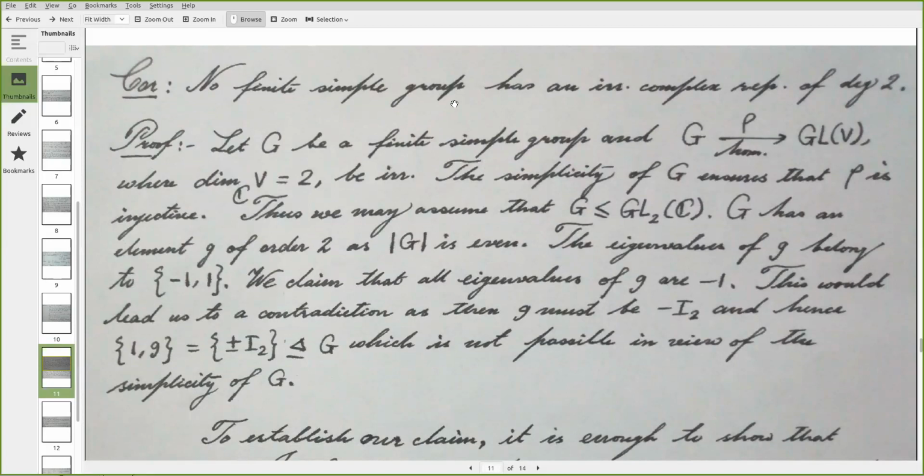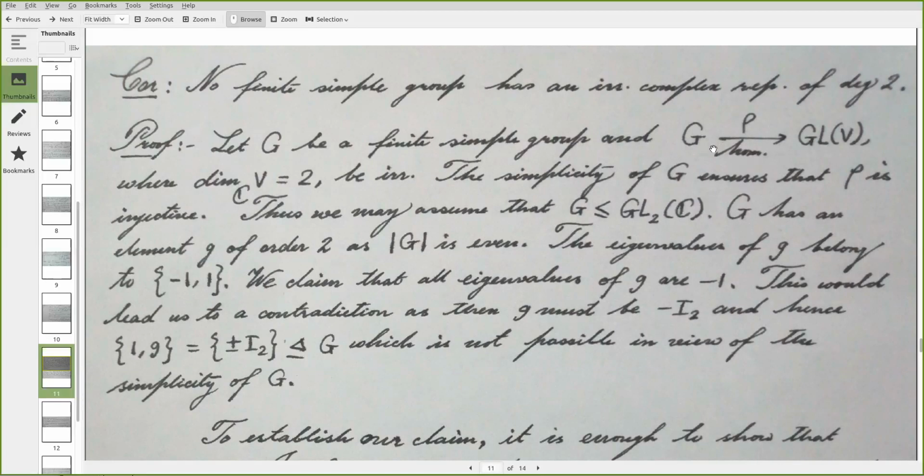Assume that G is a finite simple group which has a two-dimensional irreducible representation. Since G is simple, the kernel of this rho has to be either trivial or G. Kernel being the whole G means the action is trivial, but since the representation is irreducible, that cannot happen. Therefore the kernel has to be trivial.